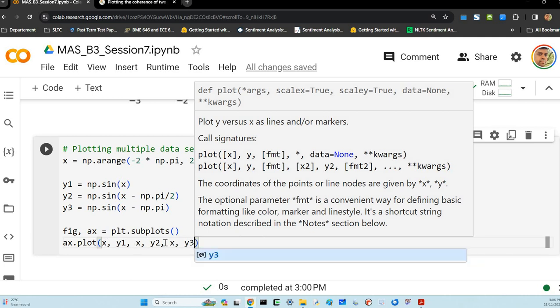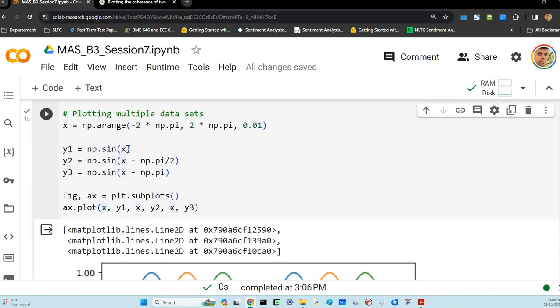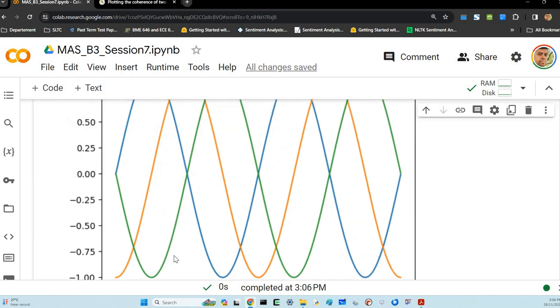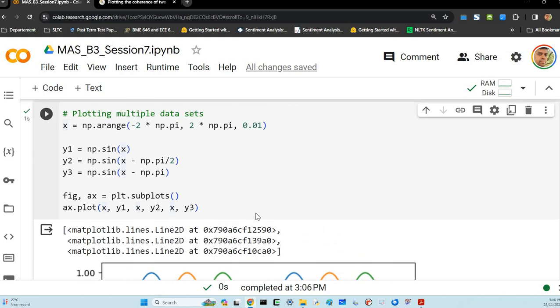So we have x value pairs for each of these and simply we are plotting. Right. So you can see 3 lines using 3 colors.